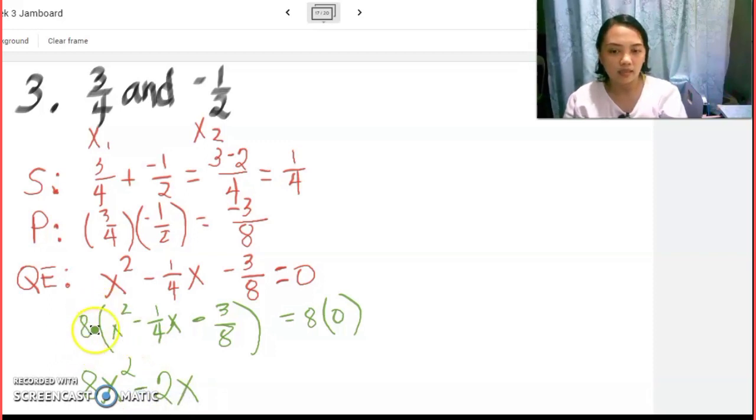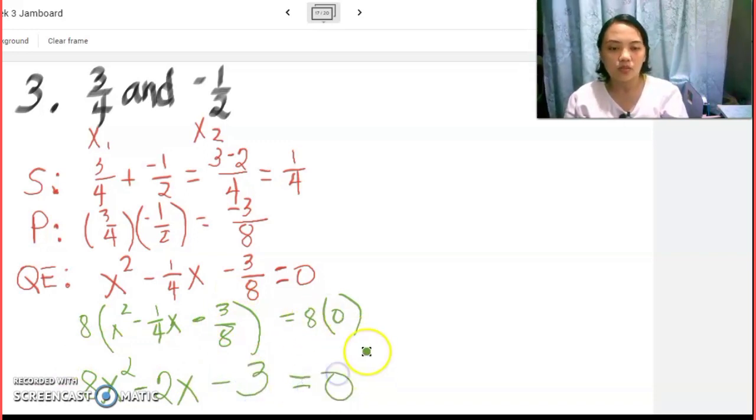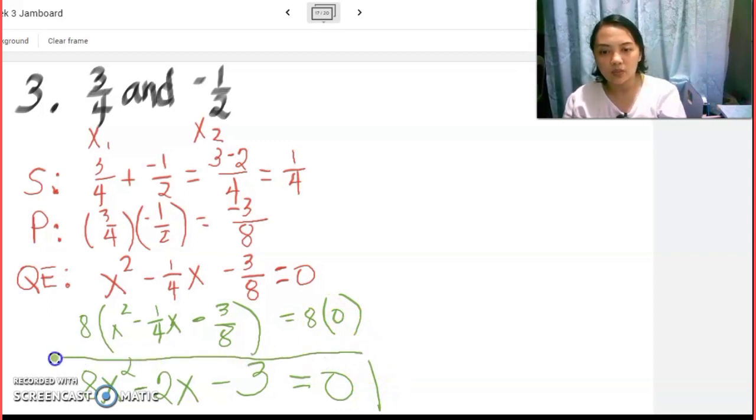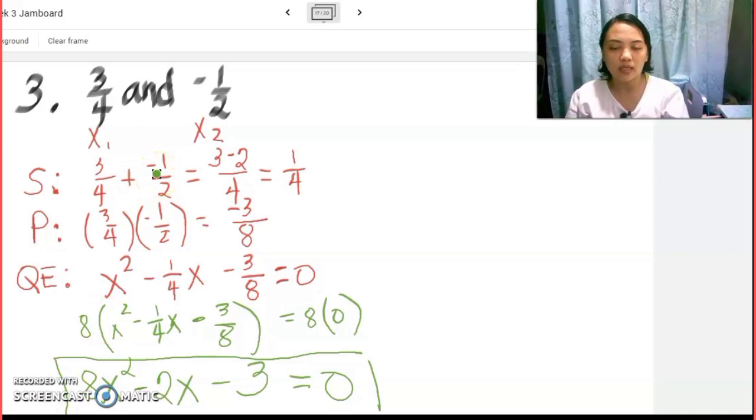And then 8 times negative 3 over 8, the 8 cancels, so negative 3 is equal to 8 times 0, which is 0. So the quadratic equation with roots 3/4 and negative 1/2 is 8x squared minus 2x minus 3 equals 0.